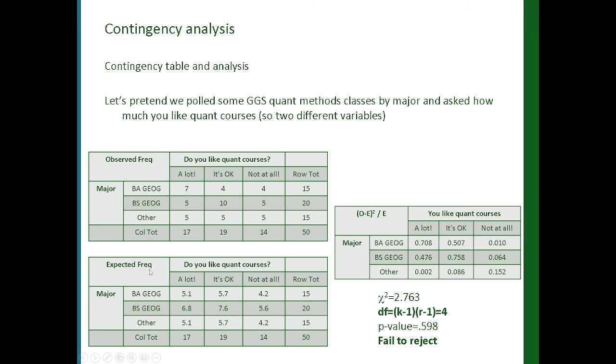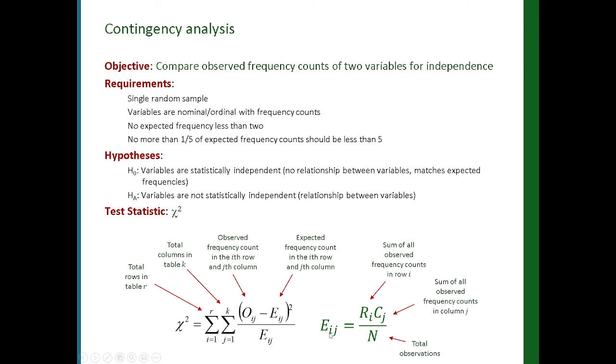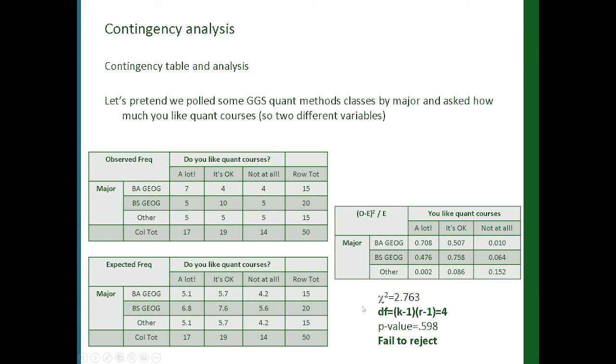And then basically we can get the expected frequencies here. To get the expected frequency, this E_ij, we need to multiply the frequency count for the row by the frequency count for column j. We've got 15 here for this first BA geography row, which is the row total, and 17 down here for the column total.